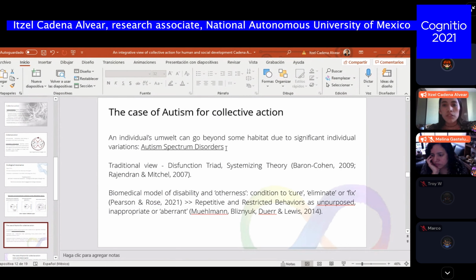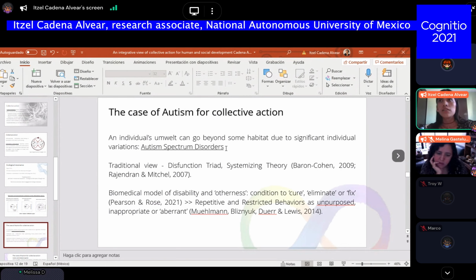Autism spectrum disorders, briefly, are conceived as differentiated social communication and social interaction conditions in which they present repetitive and restrictive behaviors, such as echolalia, mannerisms, stereotypic behaviors, or also rocking, and also stimming, that is, stimulating themselves with different parts like objects from the world.